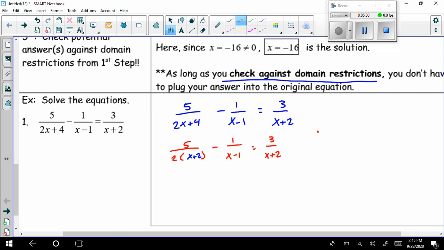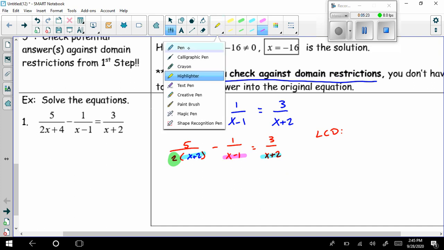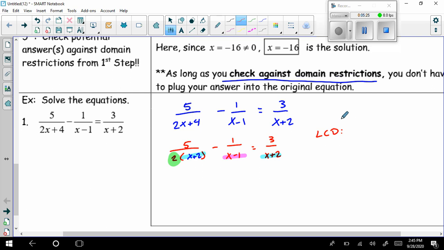So here I can see I have a 2, an x plus 2, and an x minus 1. It's a list of each of those different ones. So my LCD is going to be 2, x plus 2, and x minus 1.